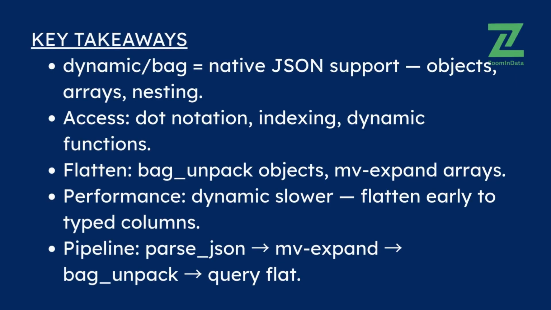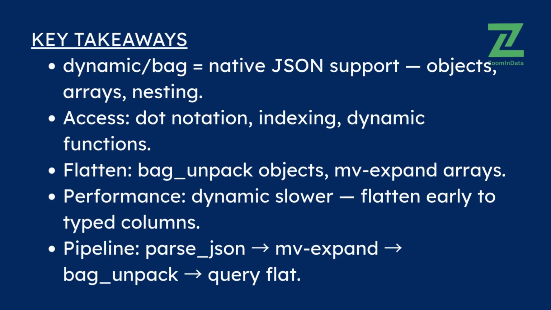To wrap up, dynamic and bag types give KQL native JSON support: objects, arrays, full nesting, access with dot notation, array indexing, and dynamic functions. Flatten with bag_unpack for objects and mv-expand for arrays. Performance key: dynamic columns are slower.